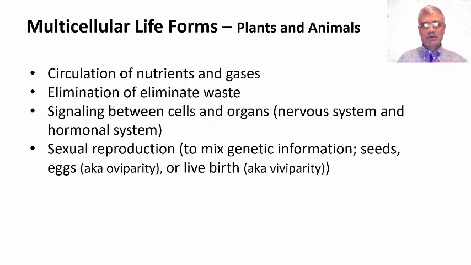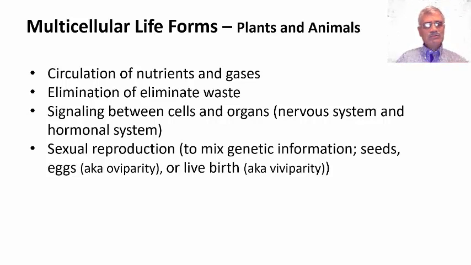So we have to have a circulatory system. We also have to be able to eliminate waste from all the cells in the body, not only to deliver nutrients and fuel sources, but also to eliminate waste. So those are challenges for multicellular organisms, whereas a single-cell organism can just expel waste and absorb nutrients through its cell membrane.